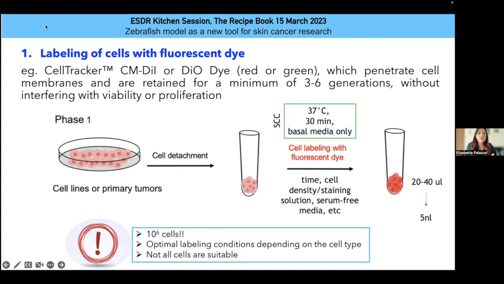For example, using SCC cell lines, we use 30 minutes, while if we use melanoma cells, we can use a 20-minute staining protocol. And we need to remember that not all cells are good for injection. In our experience, some SCC cell lines are not suitable for injection into zebrafish.